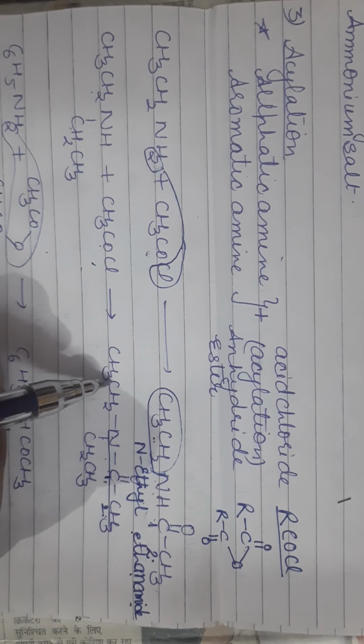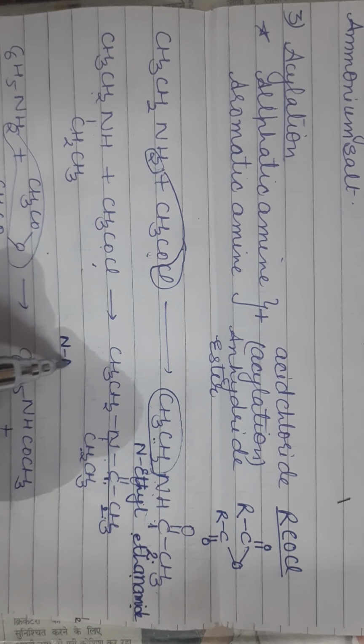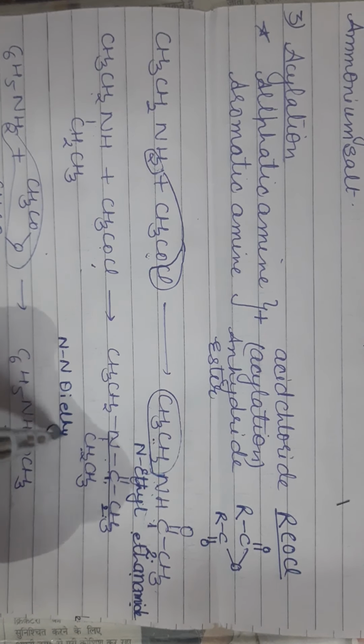N carries two substituents. This is called N,N-diethyl ethanamide. This is the two carbon chain called eth, single bond ane, the functional group amide, and two substituents, that is N,N-diethyl ethanamide.